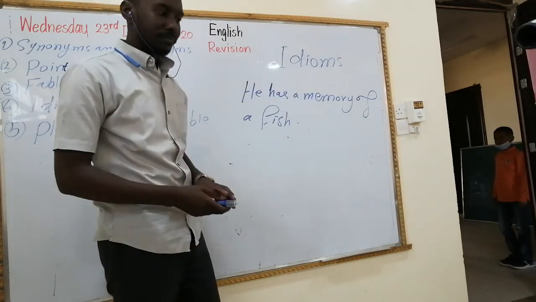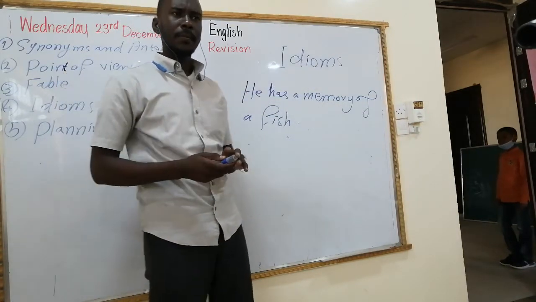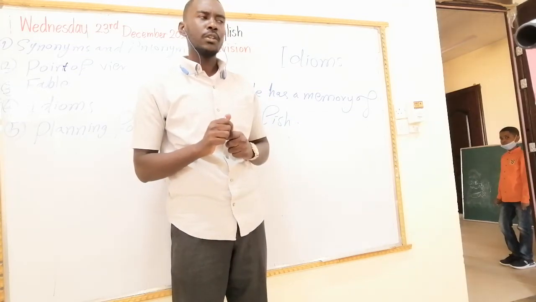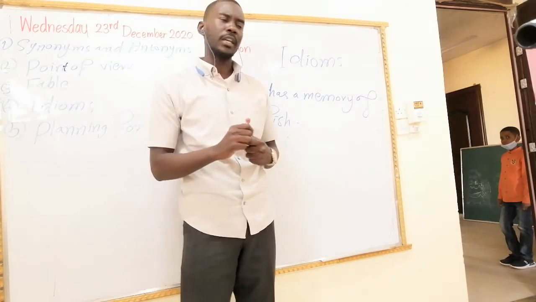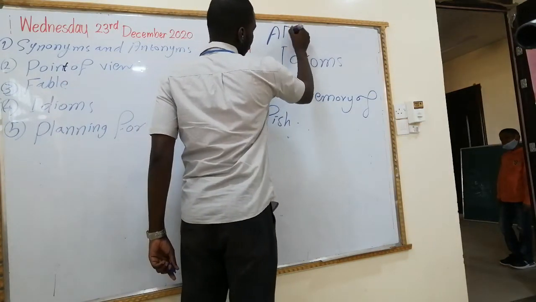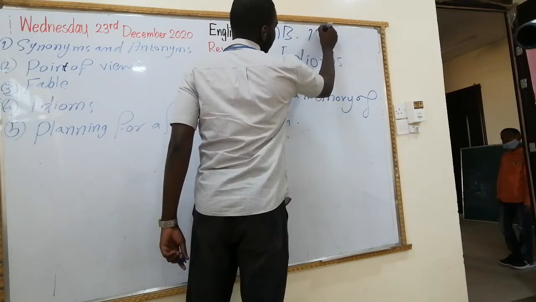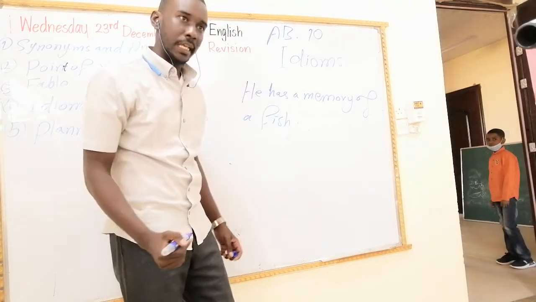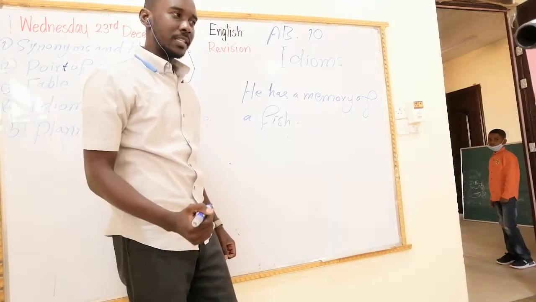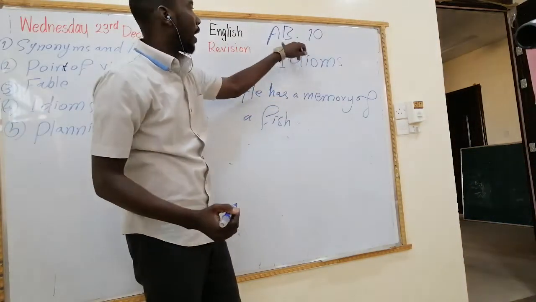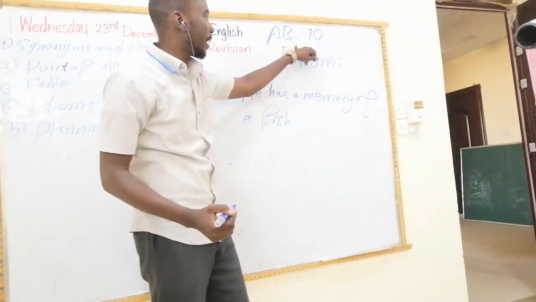So this is an idiom. And by the way, you got some idioms in the first unit. You need to get back to them. They are in your activity book, page 10. I remember I gave this as an exercise, but you need to go now to the activity book, page 10.